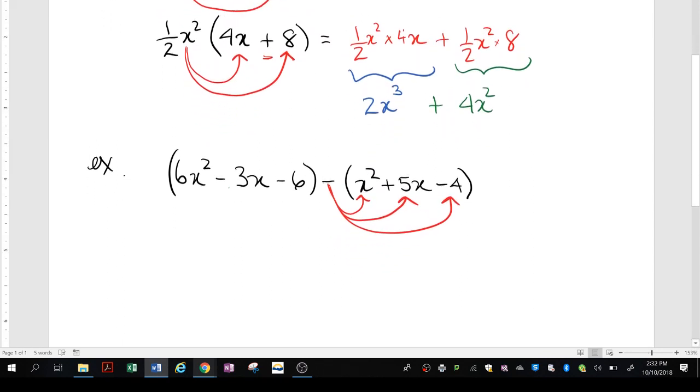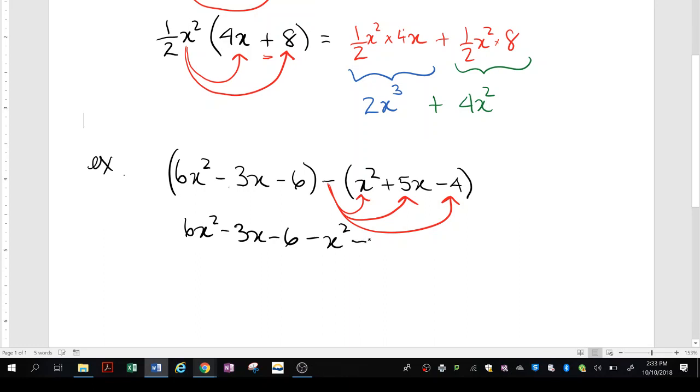So let's start by simplifying and getting rid of the brackets. In this first expression, it doesn't change. We have 6x squared minus 3x minus 6. Now I'm subtracting x squared. I'm also subtracting 5x.